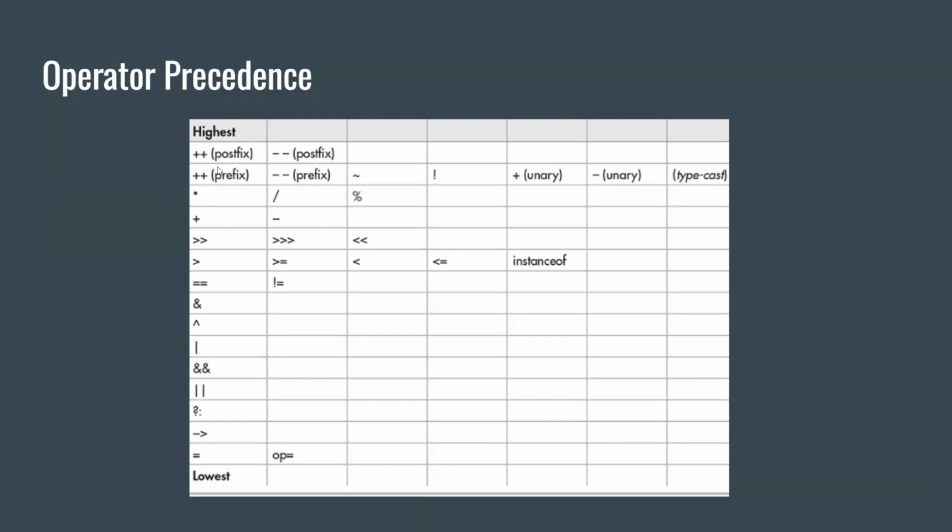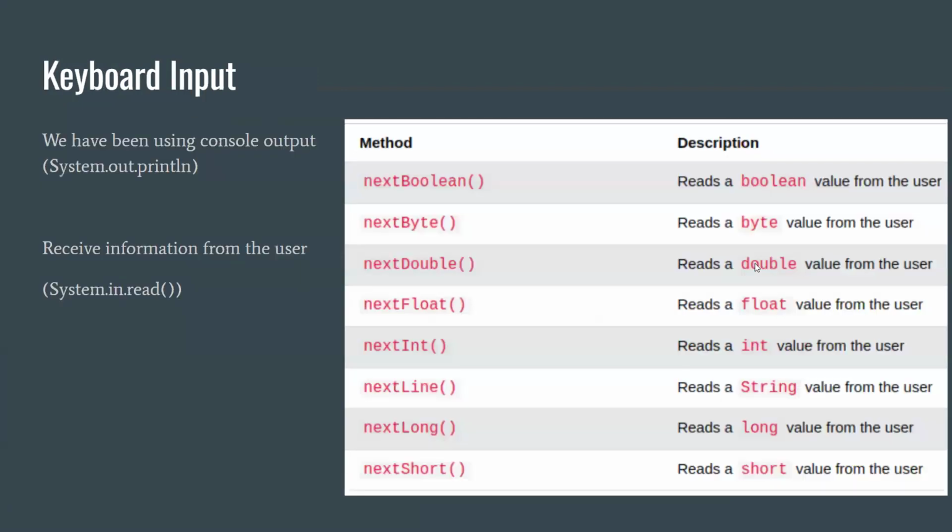Postfix increment and decrement will be done first, and then prefix increment and decrement and unary operations, typecasting, then multiplication, division, modulus, plus, minus, and so on. So just keep this in mind whenever you're not sure.